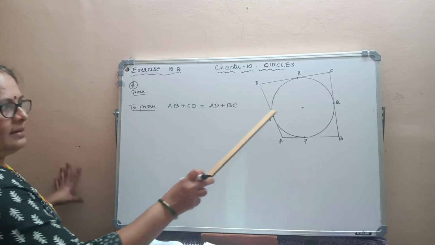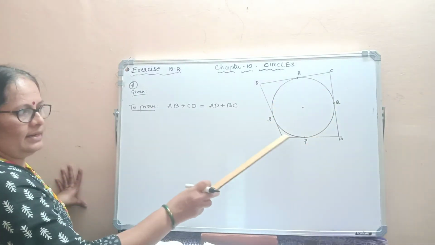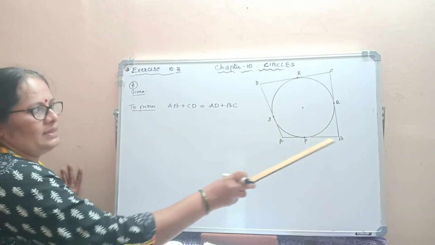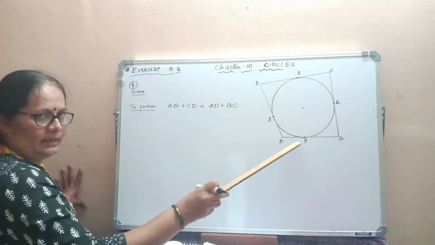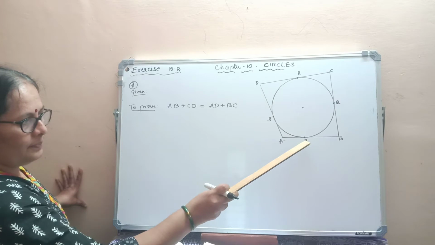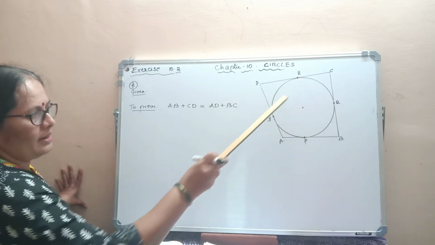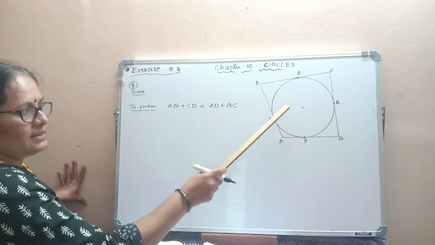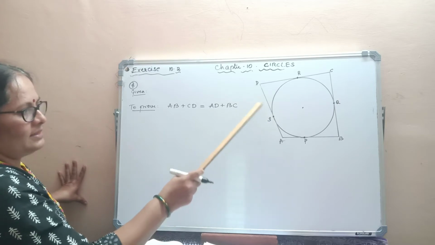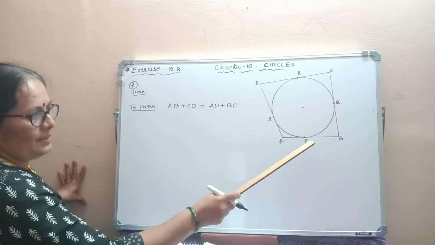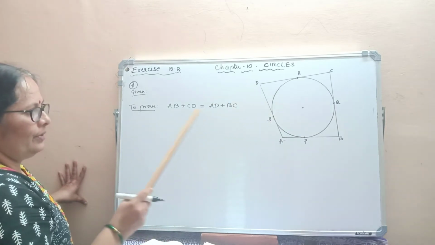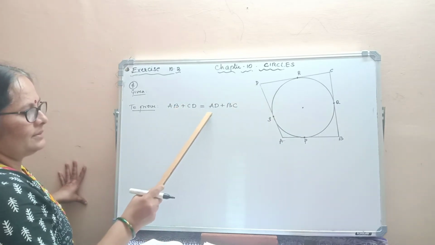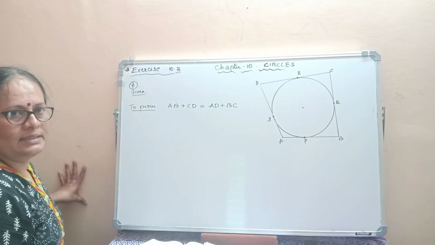A quadrilateral circumscribed about a circle. ABCD is the quadrilateral circumscribing the circle, and the circle touches the sides of the quadrilateral at points P, Q, R, S. To prove AB plus CD equals AD plus BC.